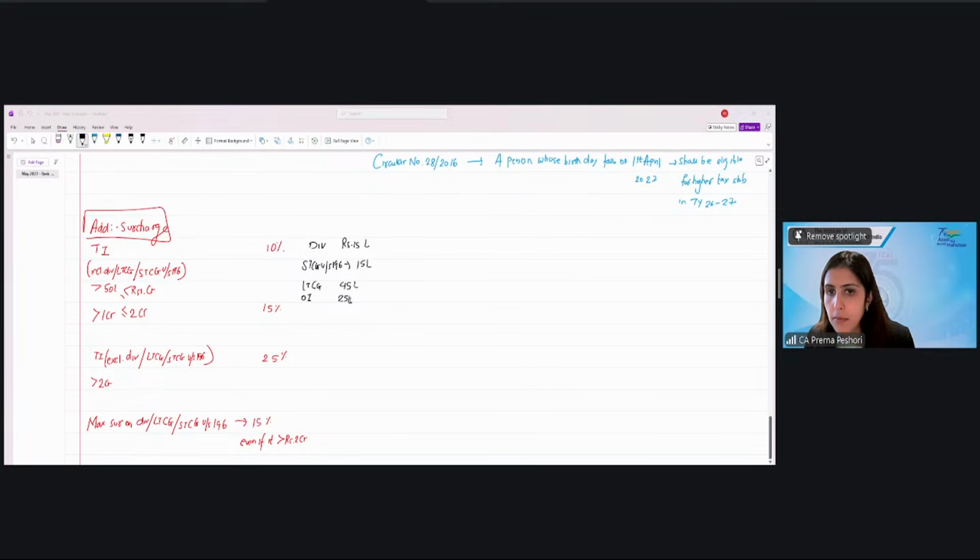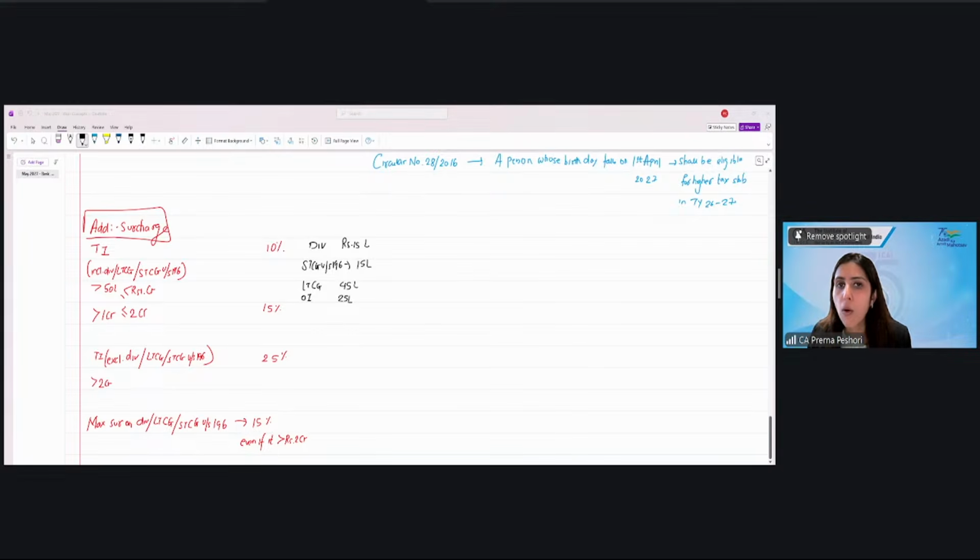So I have 15 lakh of dividend. So if I do the calculation over here, 15 lakh of dividend, then 15 lakh of the STCG, then 45 lakh of the LTCG, and then I have other income of the 25 lakh.